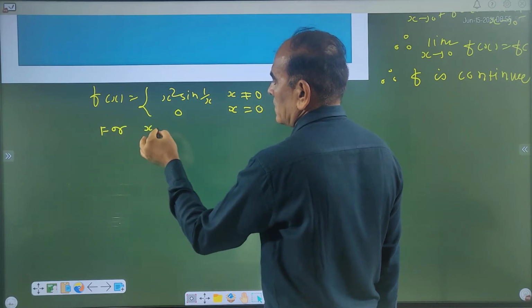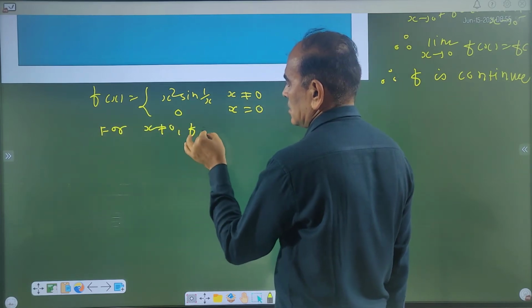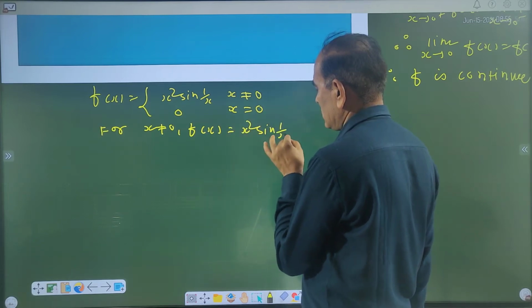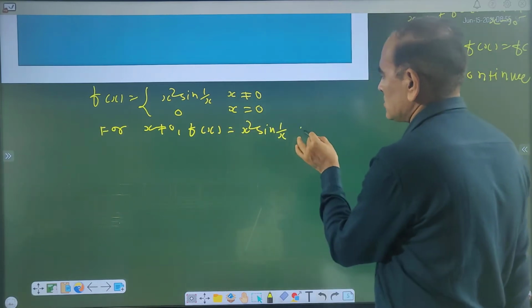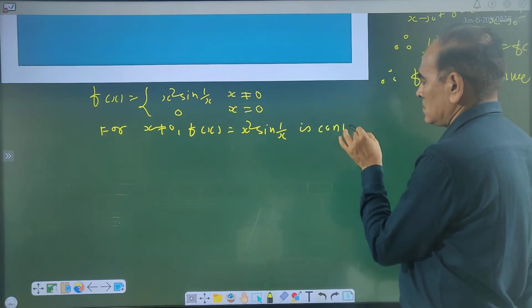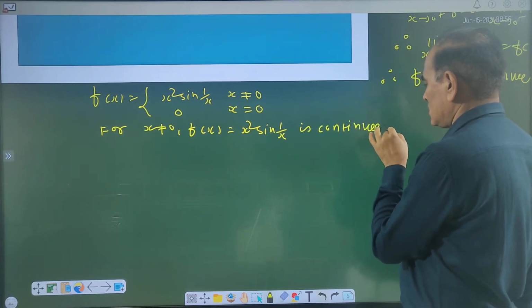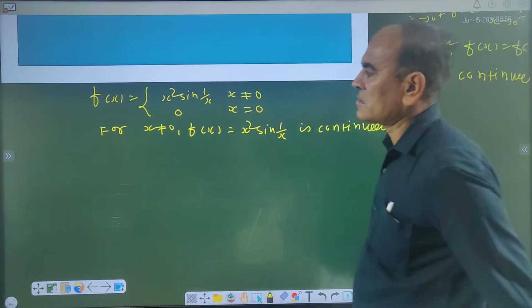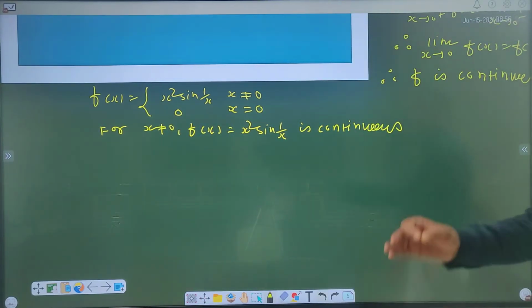For x not equal to 0, f of x is a product of two continuous functions, so it is continuous. At 0 it is a constant function, that is also continuous. Now we have to check the continuity at 0.